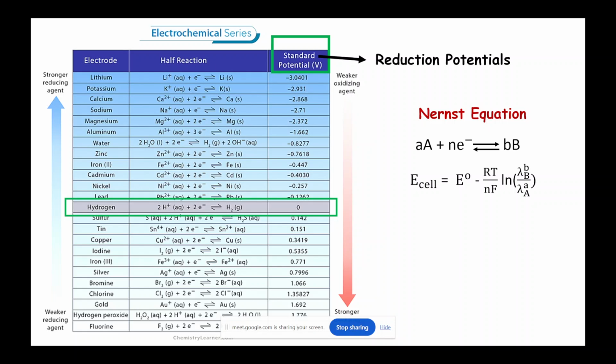So, what does it actually mean? What do you actually infer from these values?